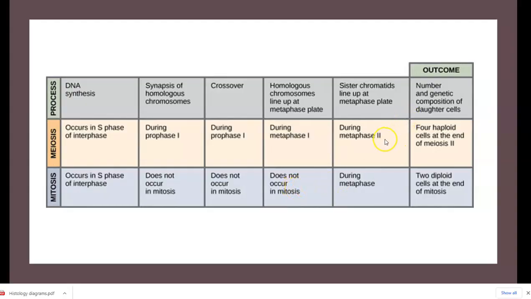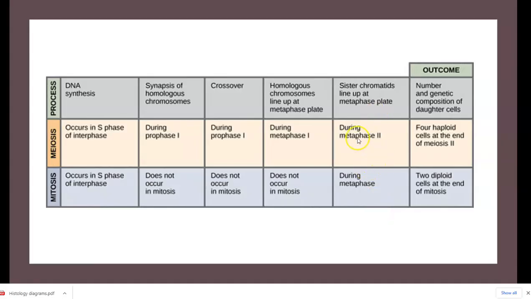Sister chromatids line up at the metaphase plate. That happens during metaphase 2 of meiosis. Remember I said metaphase 2 is basically identical to the steps that occur in mitosis. And that lining up of the sister chromatids happens in metaphase of mitosis as well.